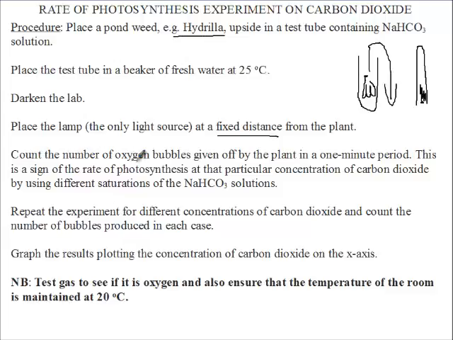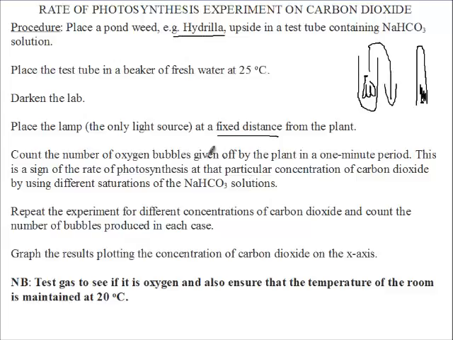Next, we are going to count the number of oxygen bubbles given off by the plant in a 1 minute period. Our stopwatch comes in here. This is a sign of the rate of photosynthesis at that particular concentration of carbon dioxide, by using different concentrations of sodium hydrogen carbonate.